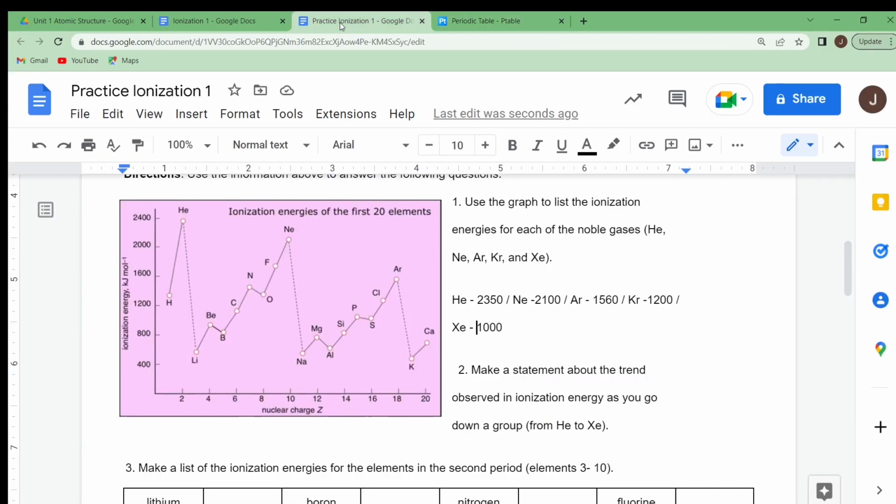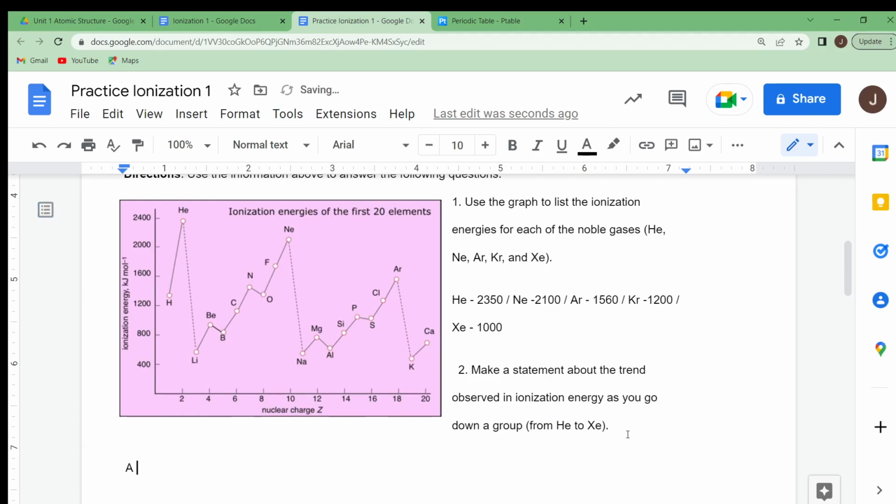So we can say that we noticed a trend where ionization energy decreases when we go down a group.